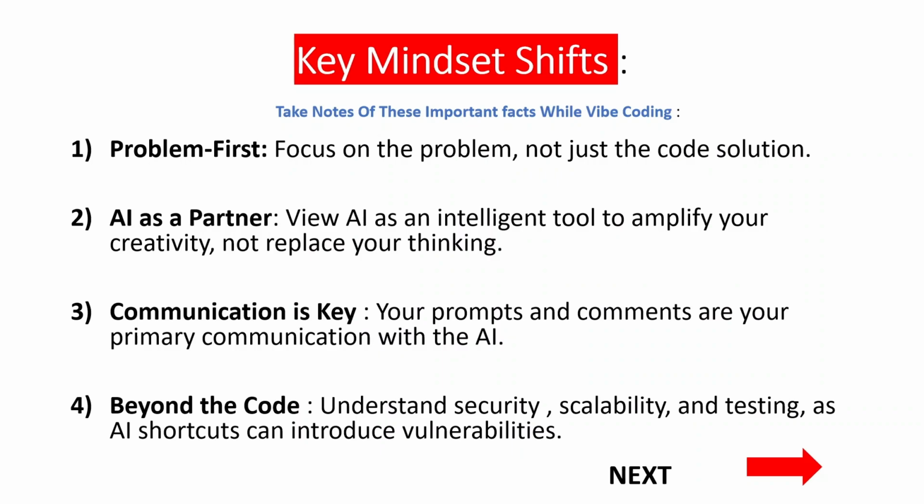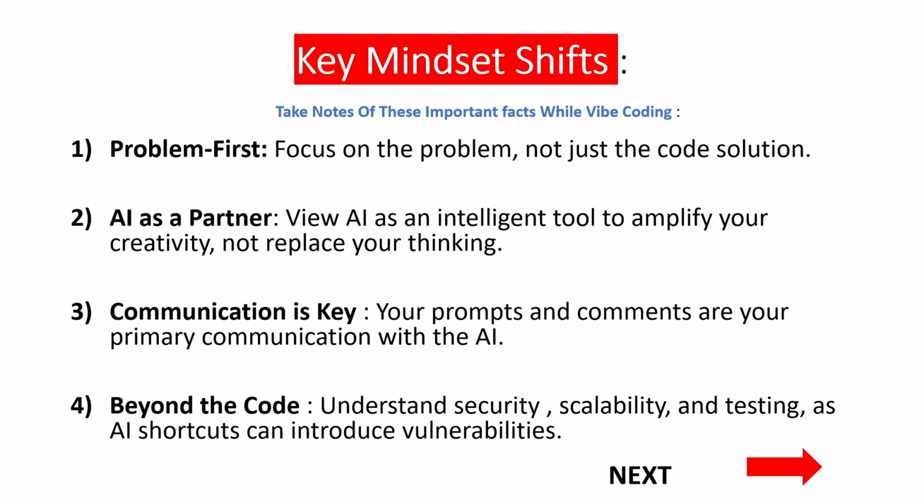Now, communication is key. It's very important. Your prompts and comments are your primary communication with AI. The way you write prompts and your comments are your primary communication with AI, so you need to take note of that and keep notes of that as well.